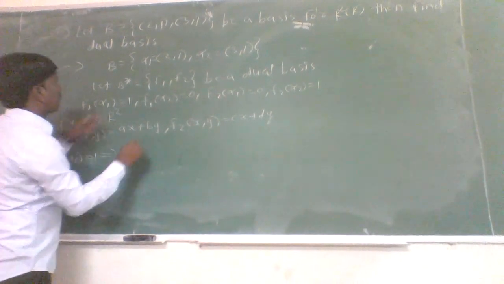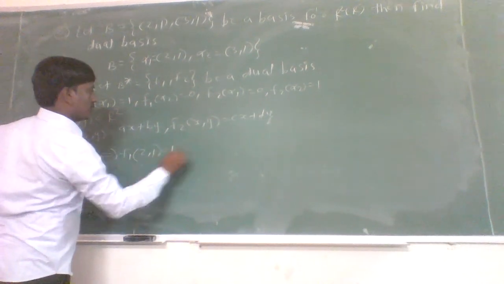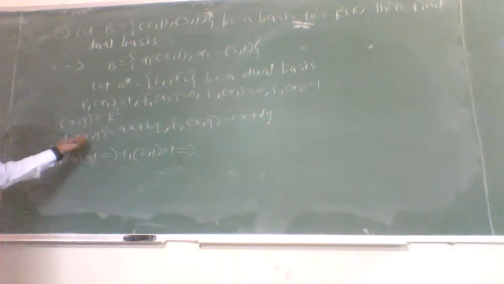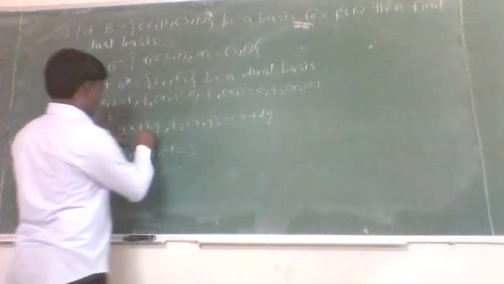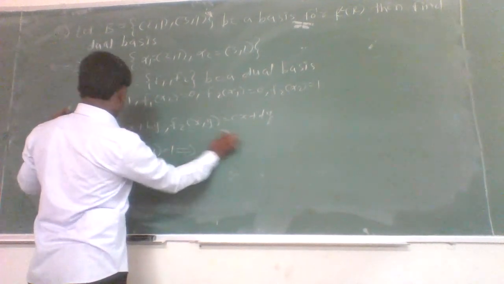Now, as f1 of alpha 1 will be equal to 1, f1 of alpha 1, and alpha 1 is (2, 1), which is equal to 1, which implies 2a plus b equal to 1. Now from this f1 of (x, y) is nothing but ax plus by.